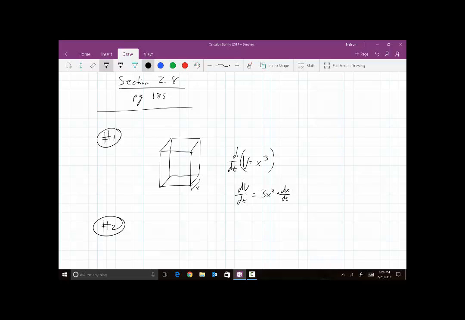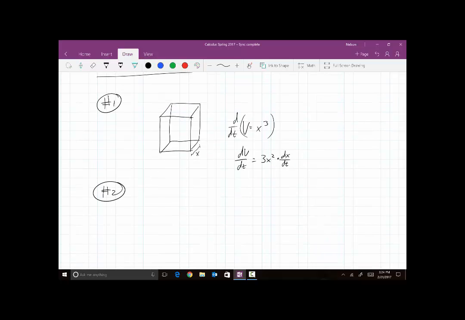Let's do number 2. It has 2 parts. Part A says if A is the area of a circle with radius r, and the circle expands as time passes, find dA/dt in terms of dr/dt.